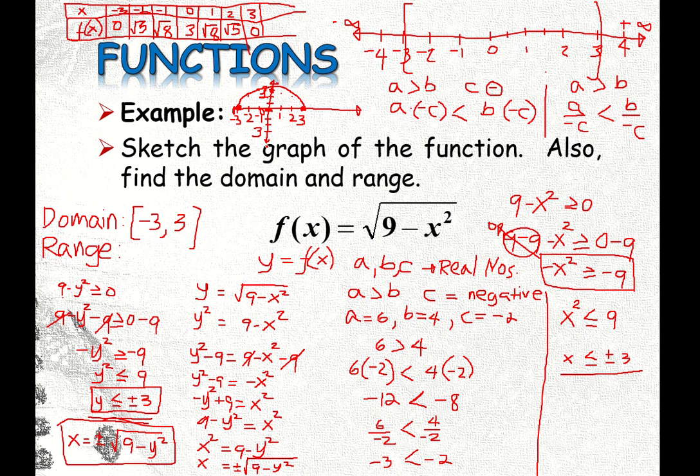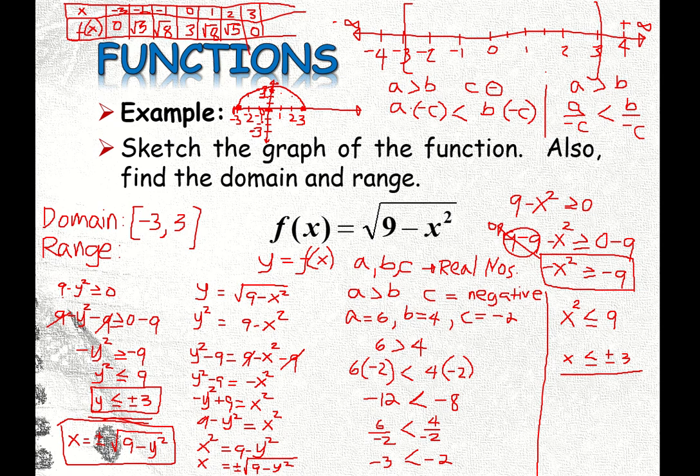Start here when y is -3. Okay, when y is -3, let's do it again. When y is -3, so this will be -3 squared, 9. So 9 minus 9, 0. So when y is -3, x is 0, right? It's here.